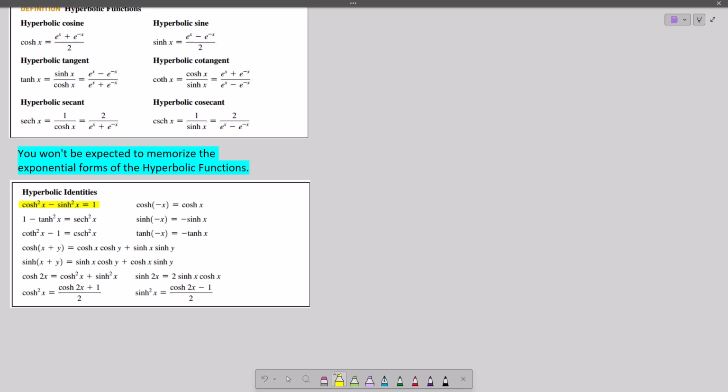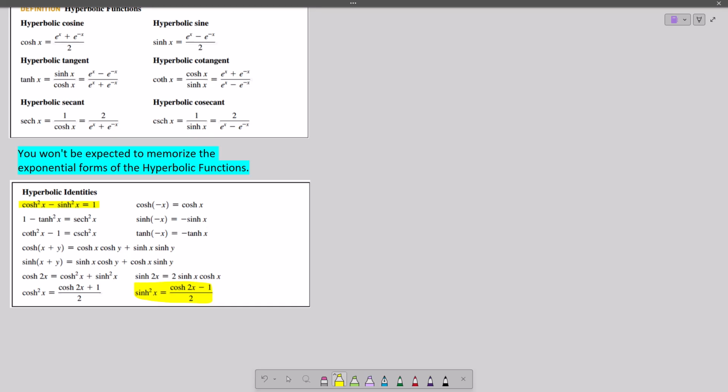There will be a couple of homework exercises where you might need to refer to this. I will not expect you to memorize any of these identities. That's the only one I expect you to memorize. Other than the basics like tanh is going to be sinh over cosh, just like tangent is sine over cosine.